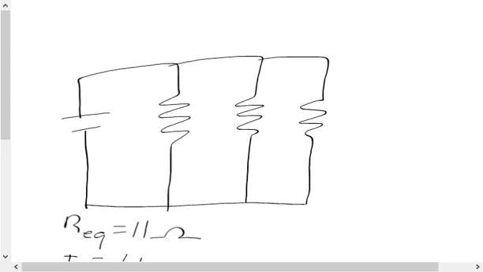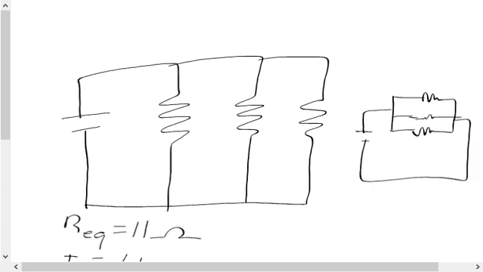If I were to draw it pretty small, I'll do it small here, that way you guys can see it. I could also do it like this. It's the exact same thing. Right? So there's multiple ways to draw it, so I do in fact have a resistor there. As long as it has multiple paths for the electrons to go through, it's parallel.